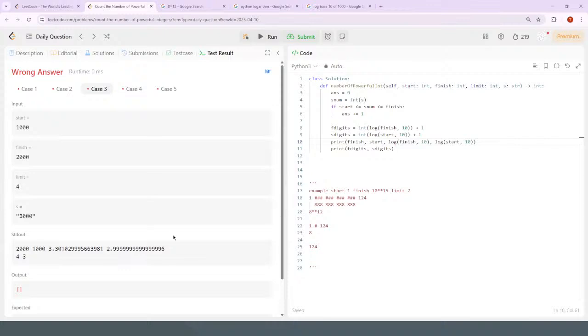Okay, so I guess this is a rounding error. Okay, interesting. Is it fine for me to just round these values and hope that I get correct most of the time? I could also just do a loop and guarantee that I do it right.